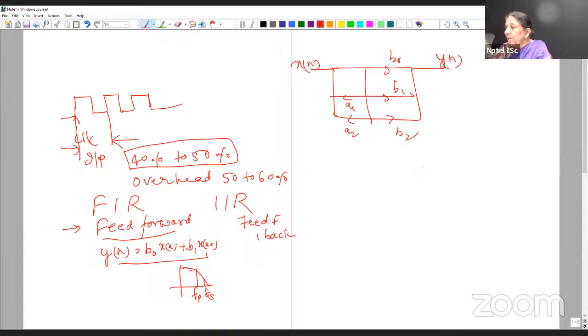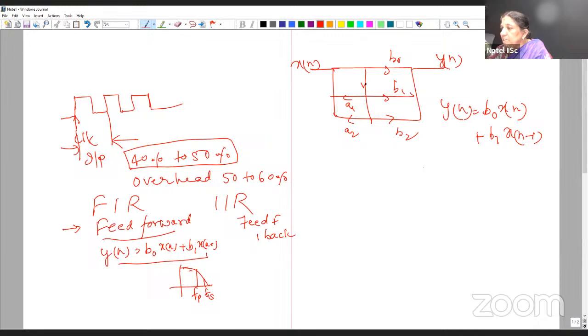I think for that I have answered, because y of n is the current output what we'll be calculating. So y of n will be equal to b naught into x of n, b1 into x of n minus 1.